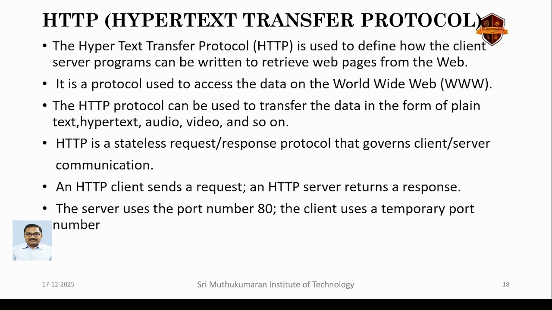This protocol is a stateless protocol and is also a request response protocol, and it governs the client server communication. So that means an HTTP client sends a request for which the HTTP server gives a response, and the port number used by this protocol is 80. It is a default port number.